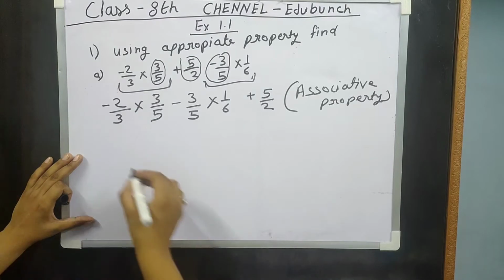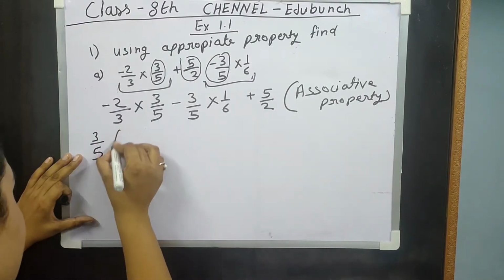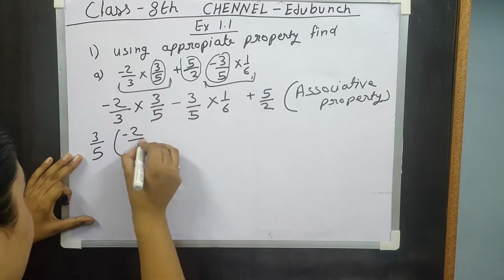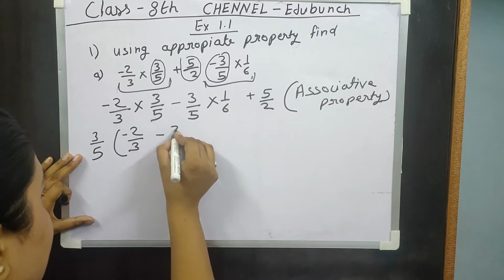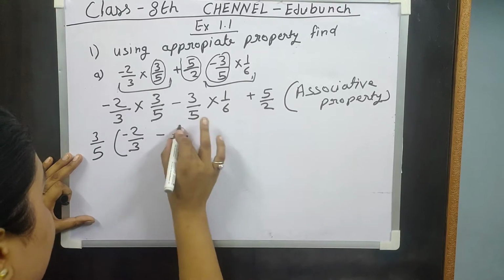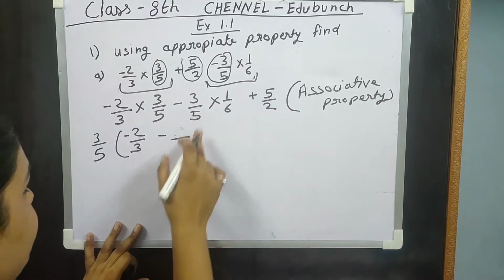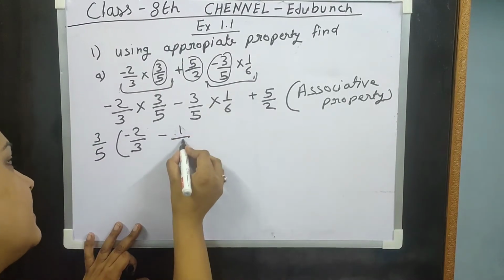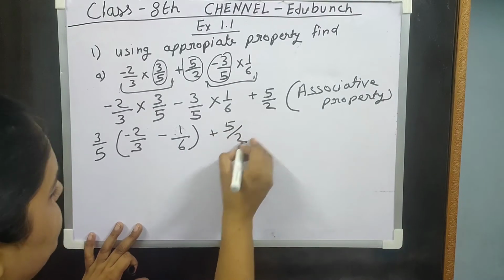Now here what we will do next, we will take 3 upon 5 as a common. Now here minus 3 upon 5 is a common, so we are not writing the 3 upon 5 again, we are writing here 1 upon 6 plus 5 upon 2.